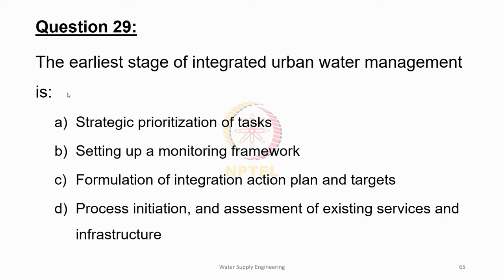Option C, formulation of integration action plan and targets. Option D, initiation and assessment of existing services and infrastructure. Which among these is the earliest stage of integrated urban water management?